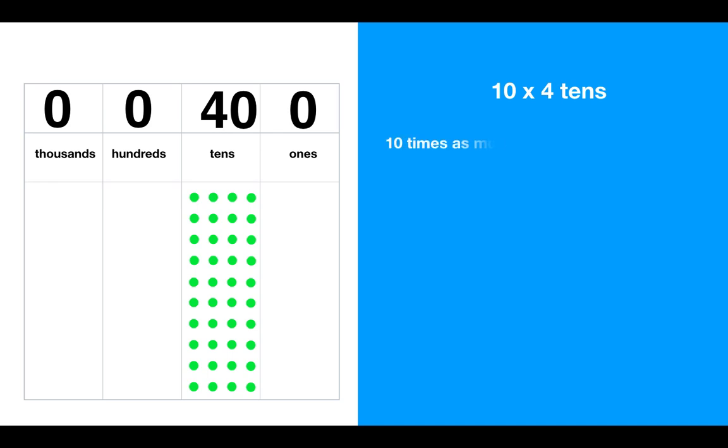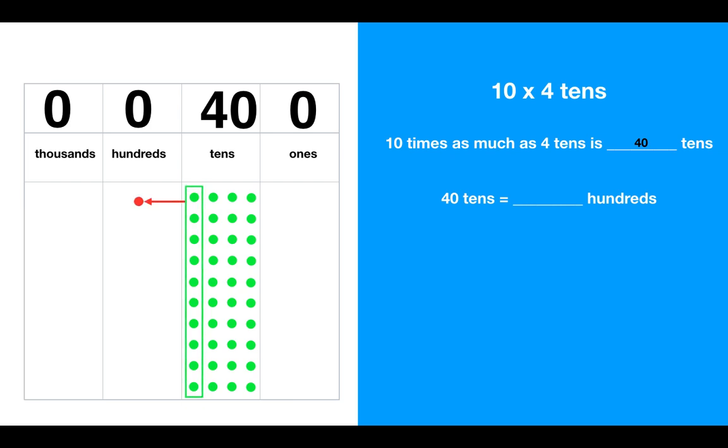We can say 10 times as much as 4 tens is how many tens? You can see that there are 40 tens. But 40 tens is equal to how many hundreds? Well, we can take 10 tens make 100, another 10 tens make another 100, another 10 tens make another 100, and the final 10 tens make the last 100.